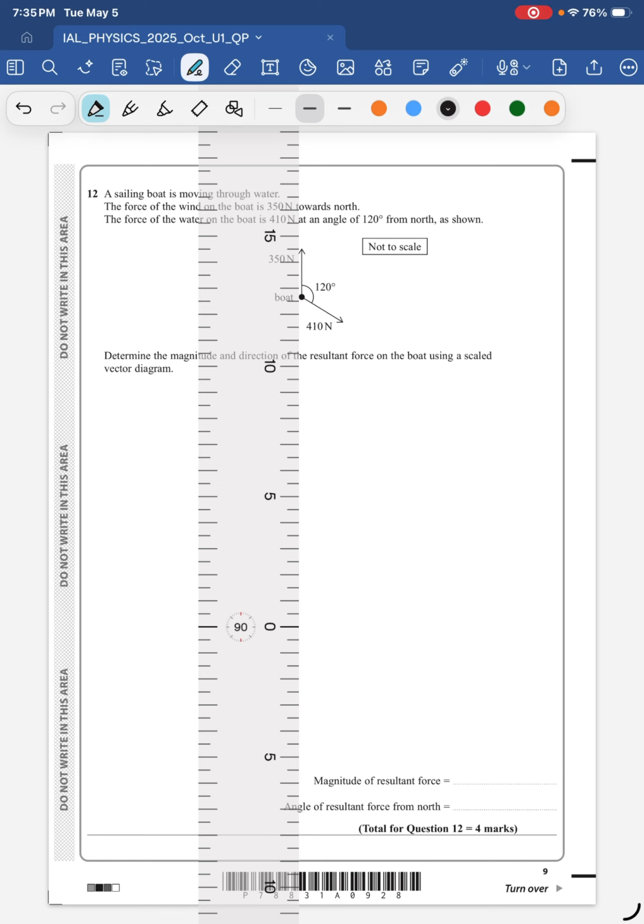Okay, so it's 350 newtons. We will say that this distance here is 50 newtons. Again, so that distance is 50 newtons.